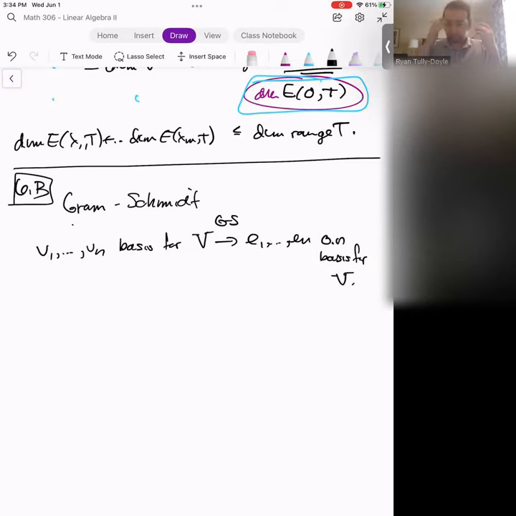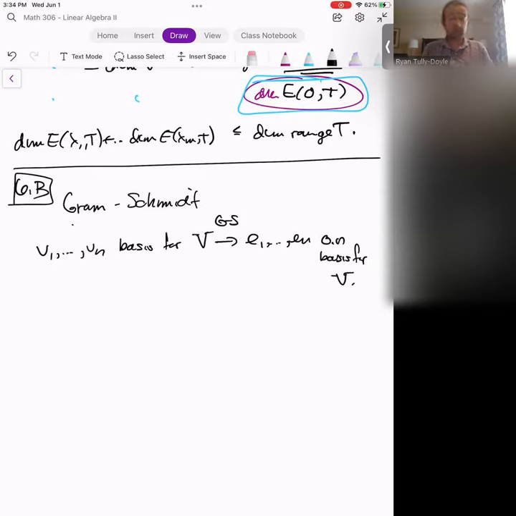There was a recursive process for doing that involving orthogonal projection. My focus for you guys in this class is that you know that this is a thing that can be done. If you start with a basis, you can straighten it out into a set of orthonormal vectors.